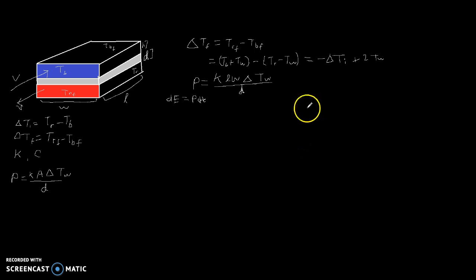in thermodynamics, there's also another equation called Q equals mcΔT. You see, in this equation we have two unknowns, TW and P. And the way to eliminate two unknowns is to come up with another equation, equate them, and solve for one of the variables.